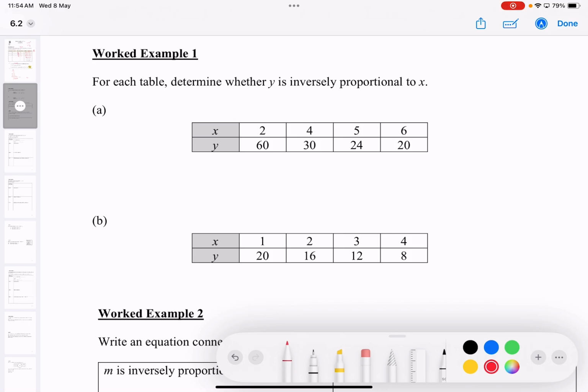So your value of x and your value of y can change. But if it's inversely proportional, there is one property that will be a constant. And if that property is always the same, then we can declare that it is inversely proportional.